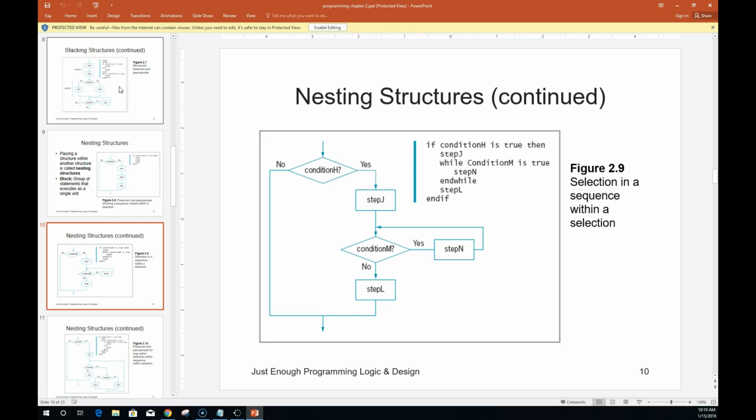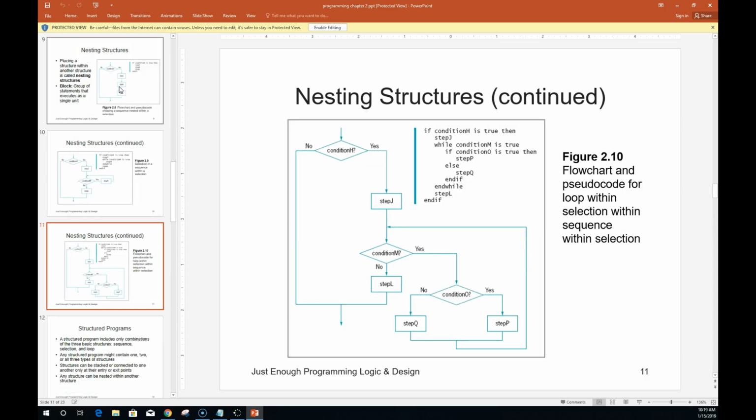So we can ask multiple questions, and we can nest pieces inside of each other. In this case, now we've nested a loop within a sequence within a selection.